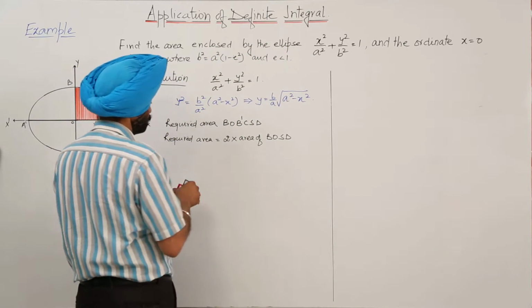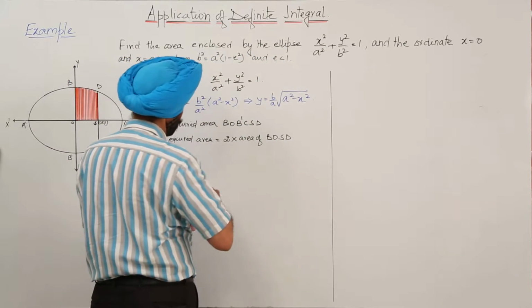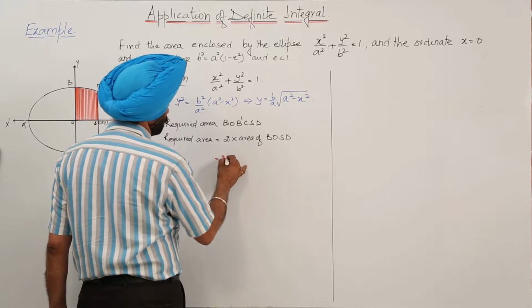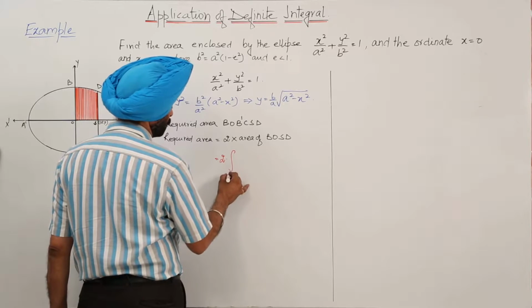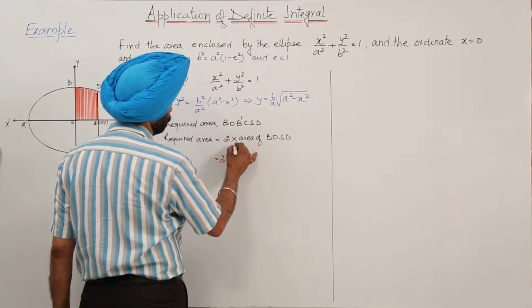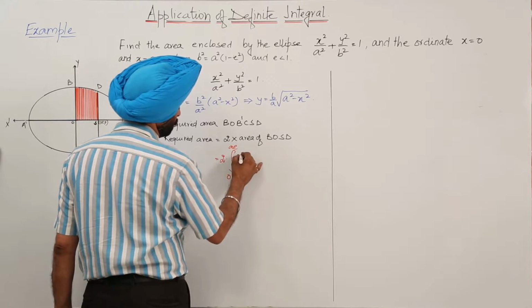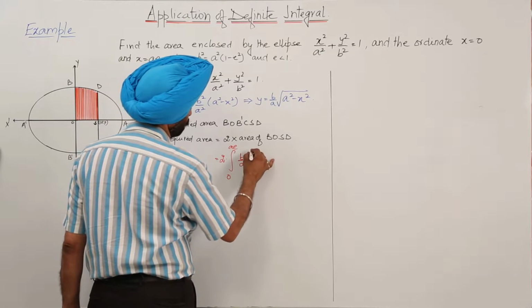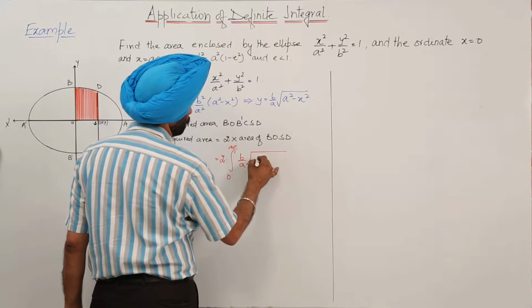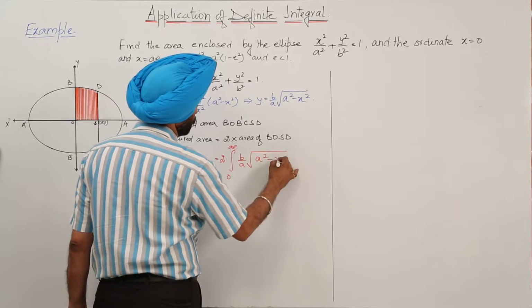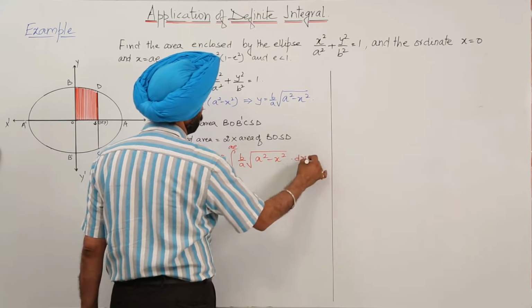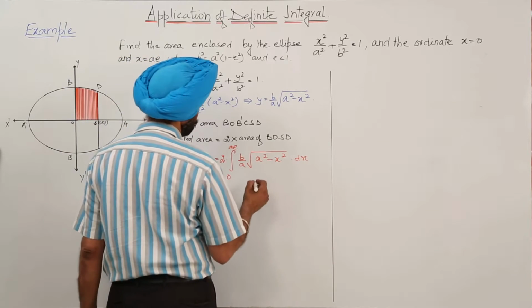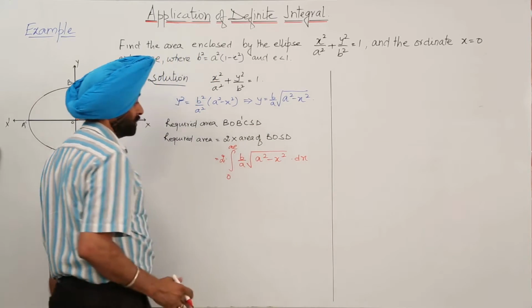Now, twice of integration of 0 to ae, b upon a square root of a square minus x square into dx. Okay, or we can write it here. Okay, one and the same thing.